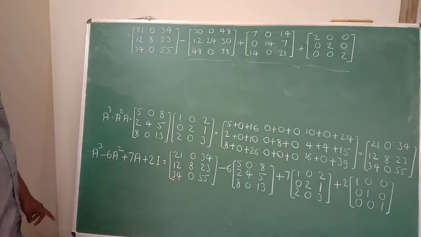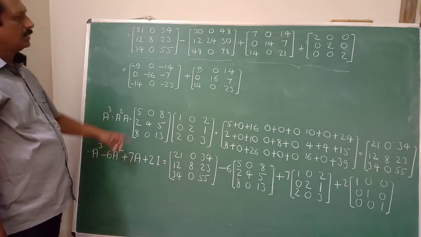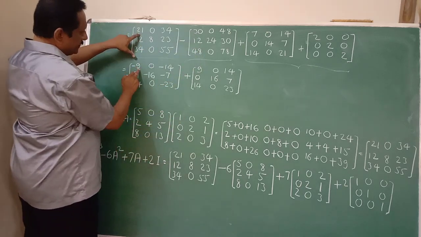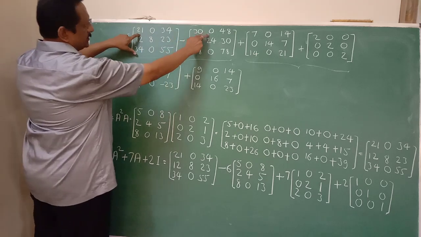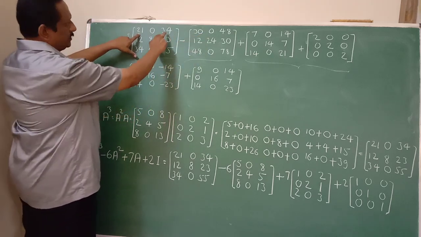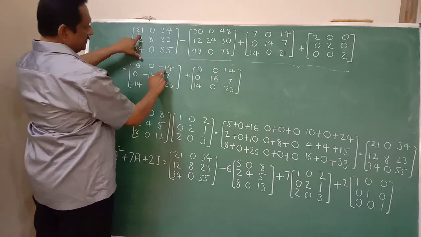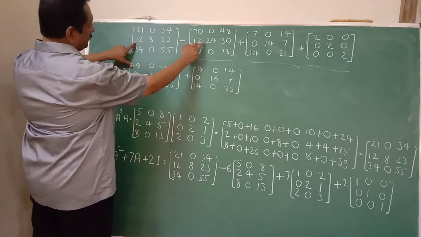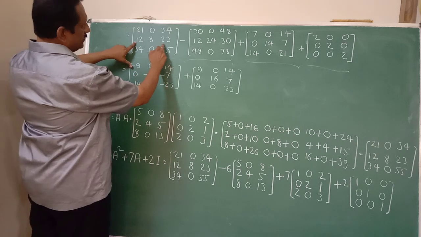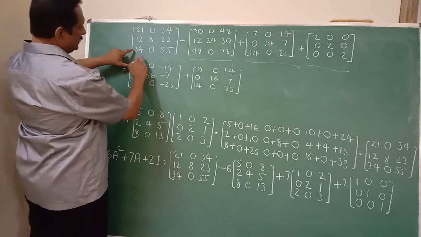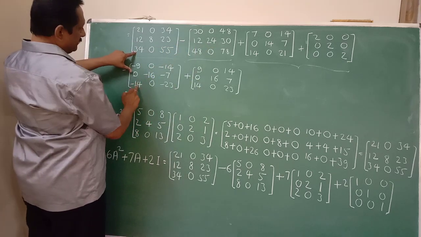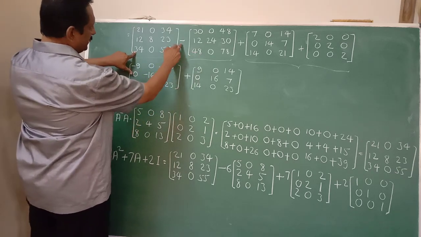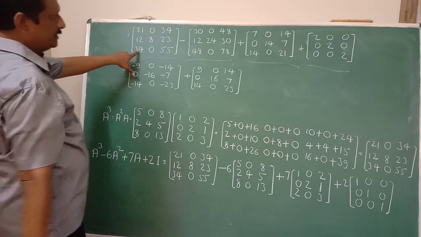If subtract here, 21 minus 30 becomes minus 9. 0 minus 0 is 0 here. 34 minus 48 is minus 14. 12 minus 12 becomes 0. 8 minus 24 is minus 16. 23 minus 30 is minus 7. 34 minus 48 is minus 14. 0 minus 0 becomes 0. 55 minus 78 is minus 23.